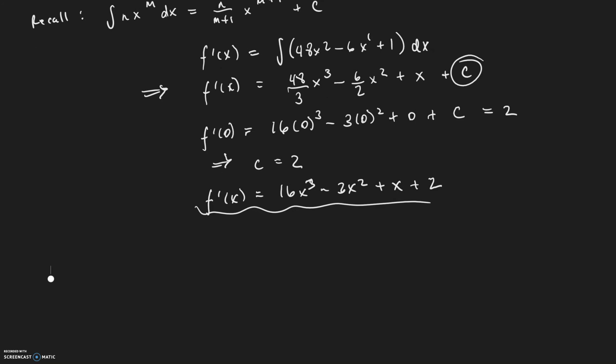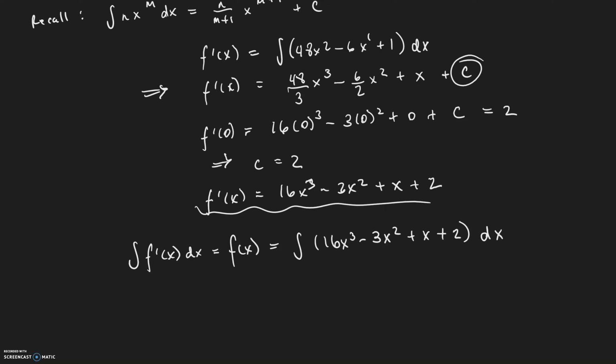So then we have the antiderivative of f prime of x with respect to x is going to be f of x plus some constant. And that's going to be the antiderivative of 16x cubed minus 3x squared plus x plus 2 with respect to x. Okay, so we do the same thing again.